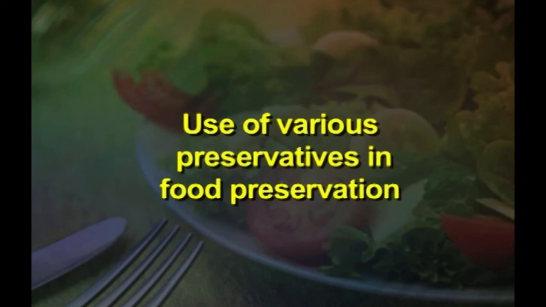Then the next method is use of various preservatives in food preservation. The ideal antimicrobial preservatives are organic acids and their salts, nitrites and nitrates, sulfur dioxide and sulfides, ethylene and propylene oxide, sugar and salt, alcohol, formaldehyde, wood smoke, spices and other condiments, other groupings of chemical agents, antibiotics, and developed preservatives.